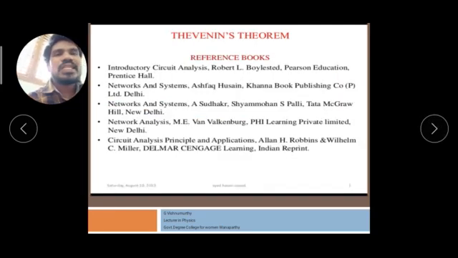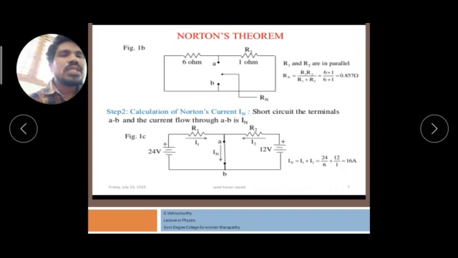So the Norton network appears as only a single resistance of 0.857 ohms and the current IN equal to 16 amps.